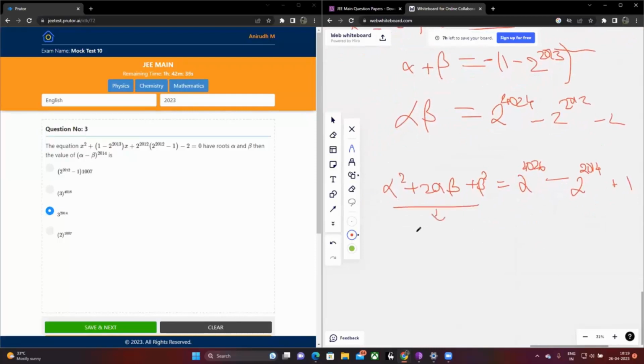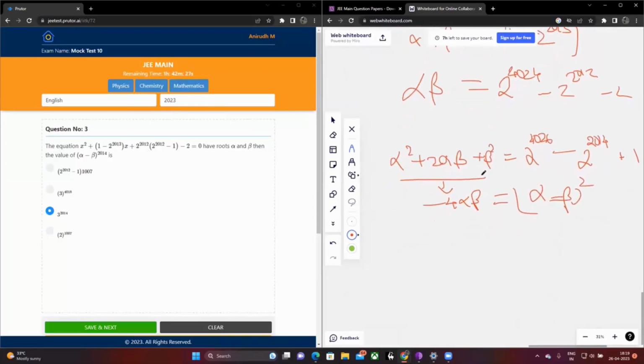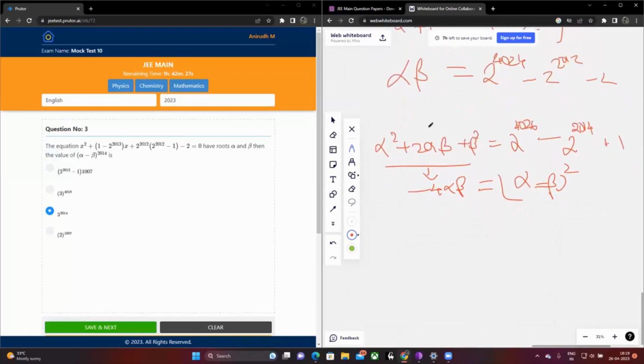This minus 4 alpha beta gives you alpha minus beta the whole square, right? I've already used this earlier. I'm just restating it.